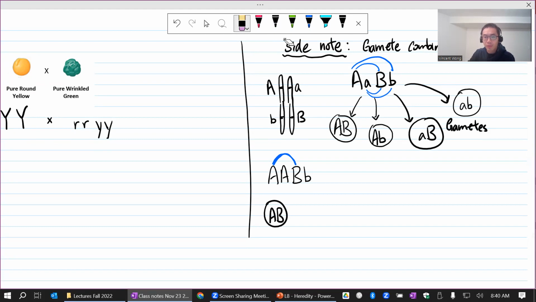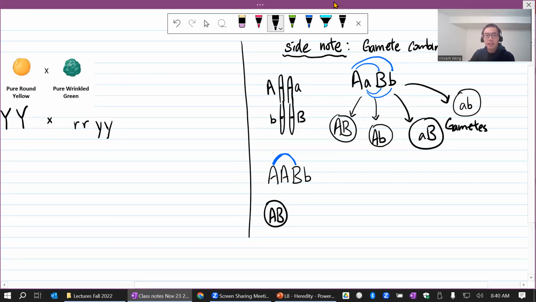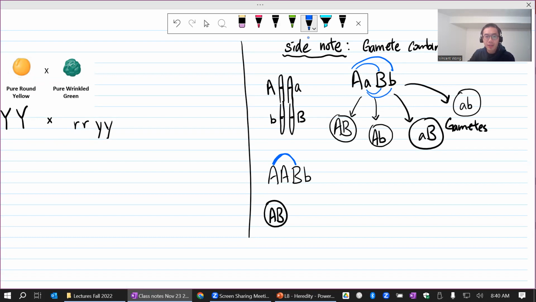In case you're not sure. The other possibility is big A, small b. And then big A, big B, but we already wrote that down. We don't have to write it again. Big A, small b, we also have that already.